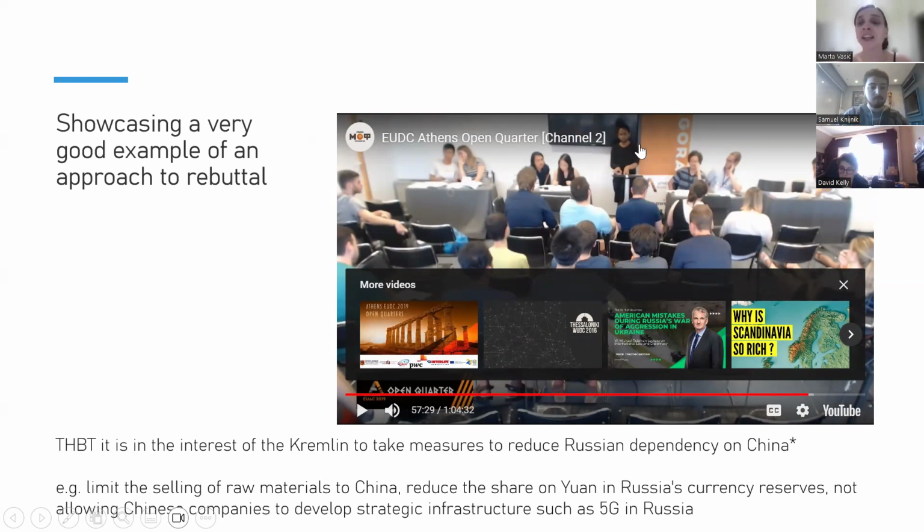It is so comprehensive, it is so well proven, it flips, it mitigates, it destroys the premise, everything in one speech. It is lovely to listen to. Plus, he's hilarious. So I would really suggest listening to this speech. I will send you the presentation so you will be able to find the link. But if not, Athens EUDC open quarter, you will find it, MO speech.